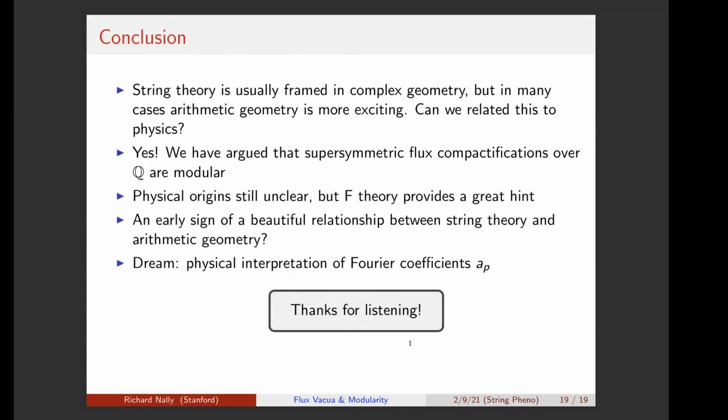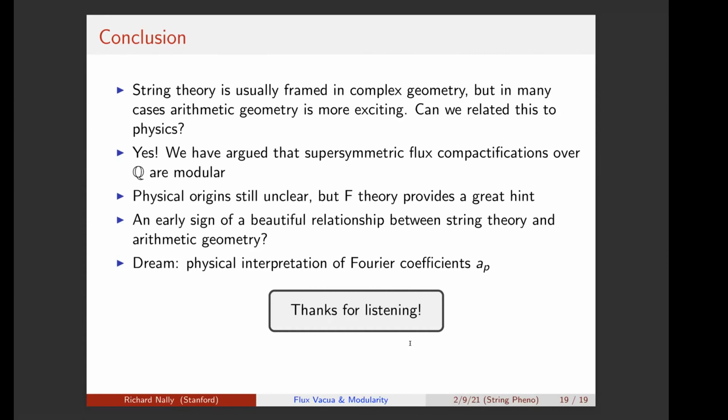So that's what I wanted to say. Let me just conclude quickly. So in string theory, we usually talk about complex geometry, but the same objects appear in arithmetic geometry, and it's interesting to know if this arithmetic geometry is ever related to physics. And so in this talk, we've argued that it is, and that supersymmetric flux compactifications over Q have some arithmetic to them, and in particular, they're modular.